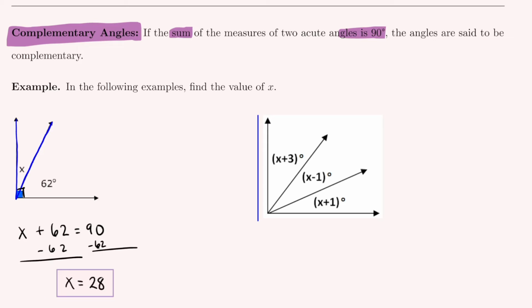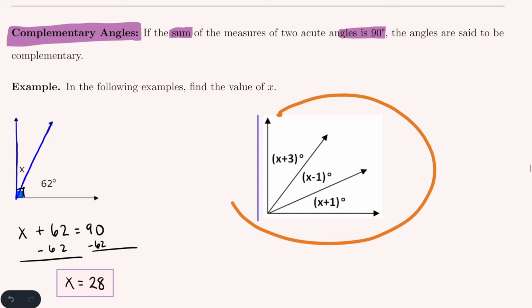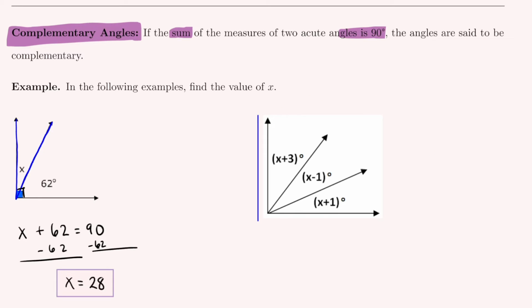Now take a moment to look at our next example. Visualize why this is a problem related to complementary angles, or angles that add up to be 90 degrees. So here we have a right angle, or 90-degree angle, as the largest angle, and itself is split into smaller angles.